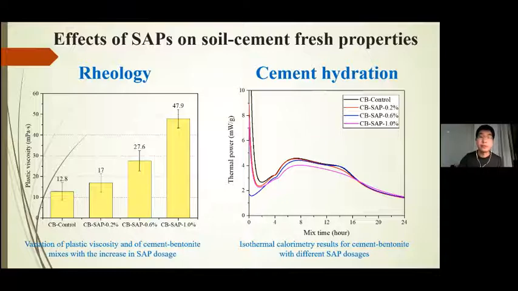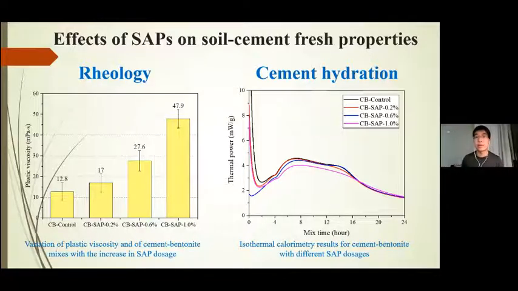So even if we add 1% of SAPs in the grout, it is still below the maximum recommended value, which means the addition of SAP is doable, the grout is pumpable, and the workability won't be affected too much.